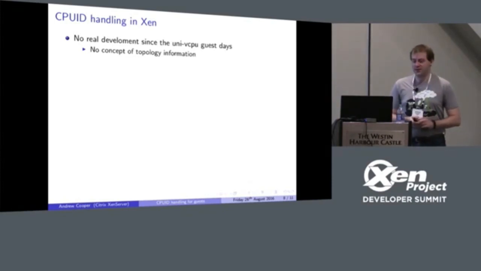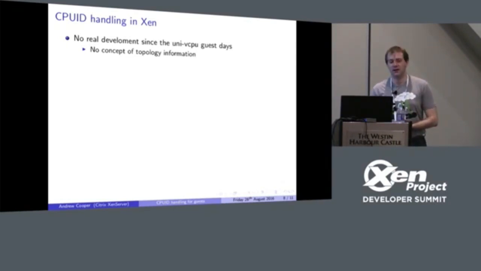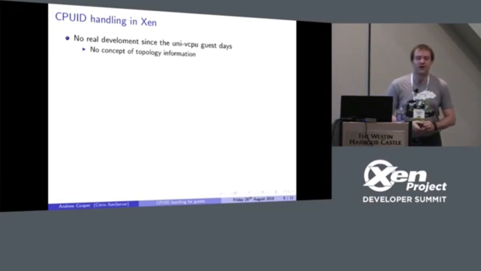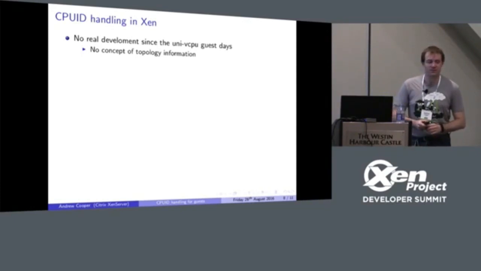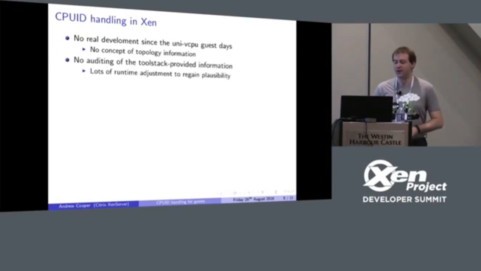So CPUID handling in Xen has not seen much love and attention for a long time. The bits to do with controlling a domain haven't changed since the days where there were only single vCPUs allowed. It's got no concept of per core, per socket, per thread information. It also blindly takes what the tool stack says.